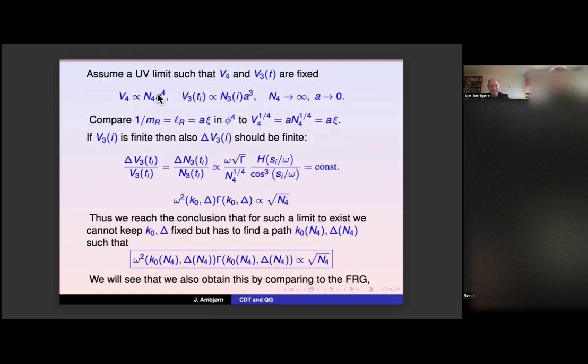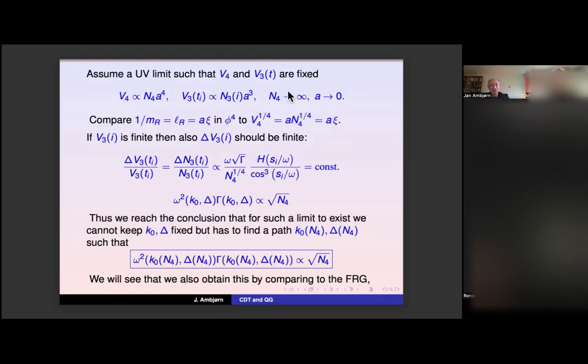Well, this is the only thing I master, to be naive. So let's be very naive and say V4 is proportional to N4 times a to the fourth, and similarly with V3. And now let's keep this V4 fixed. Then, if that is possible, clearly we have a limit where N4 has to go to infinity and a has to go to 0.